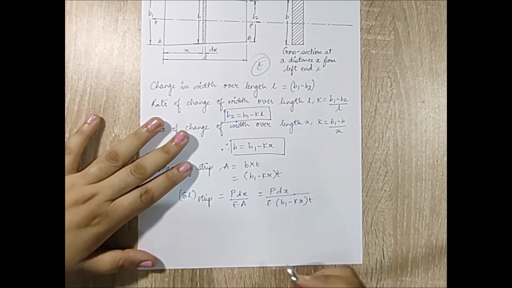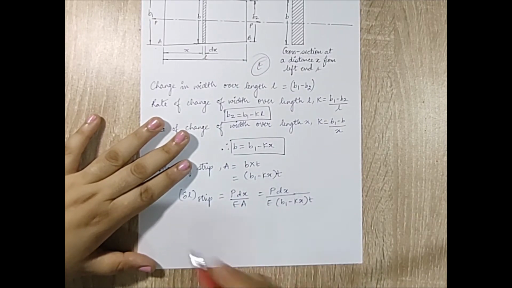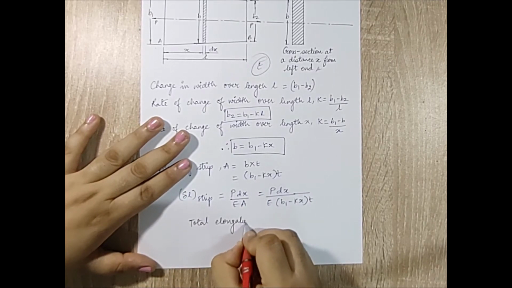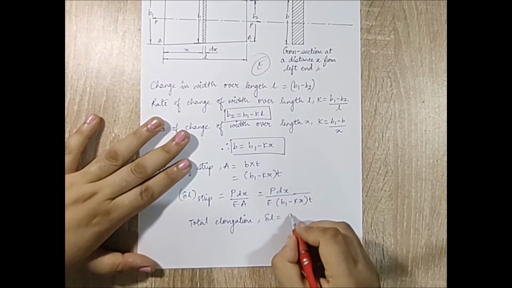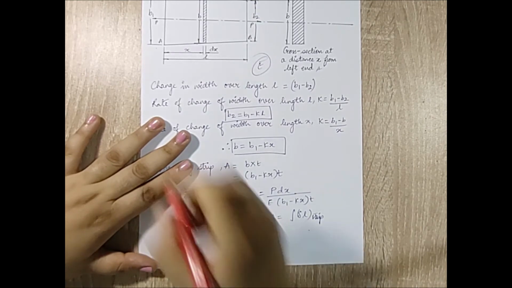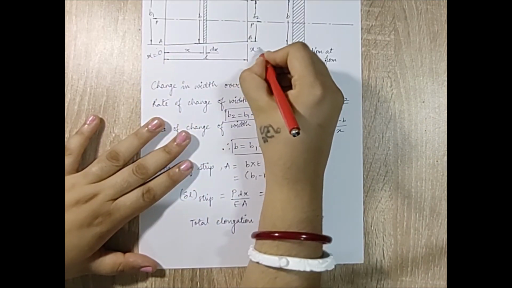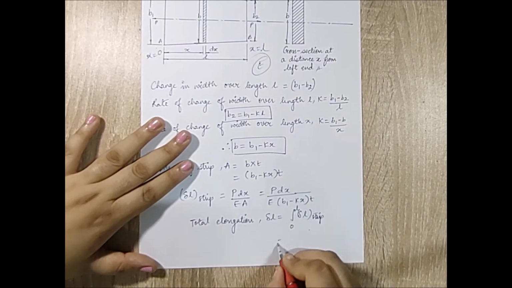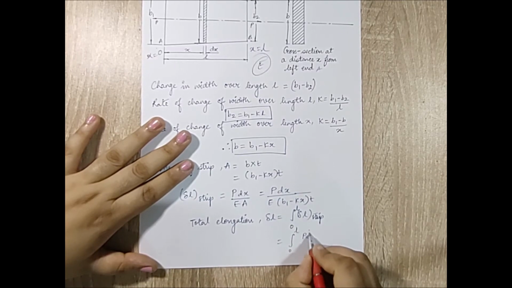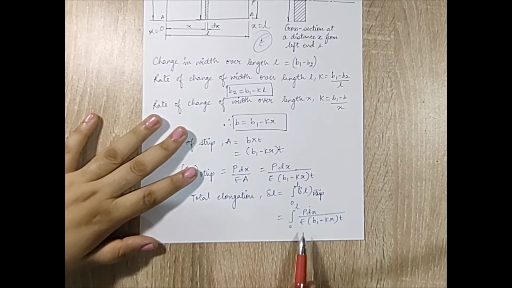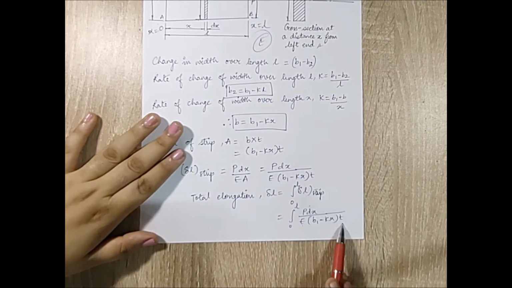So if I have to calculate the total elongation, I will obviously have to integrate this. So I'll write down total elongation. Total elongation will be the integration for the small strip which I have taken, which will start from x equal to 0 up to x equal to L. So here, like the previous one, again I am going to write from 0 to L. So this will be integration of 0 to L for P dx upon E into B1 minus Kx into T. If you observe here, P is going to be constant, E for the material will remain constant, and so will be the thickness.